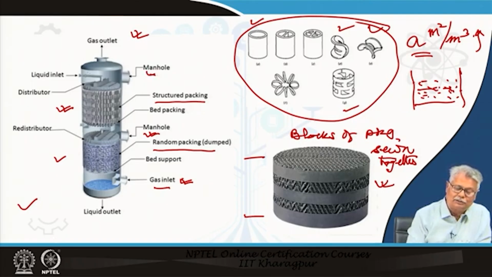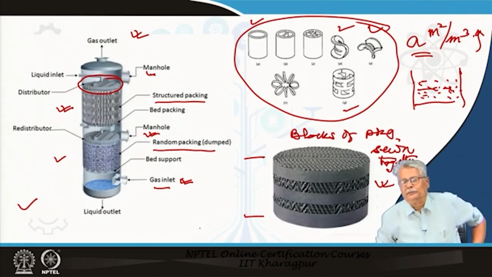You have a liquid from the top and it has to be distributed. In fact, in case of any packed bed, distribution of the liquid is extremely important. If uniform distribution is not ensured, part of the packing will remain unutilized and possibly your total efficiency of contacting will fall drastically.